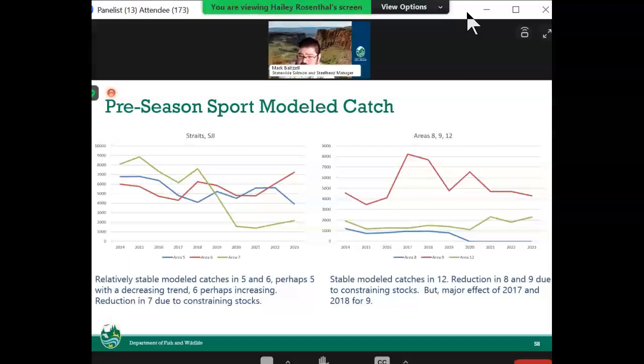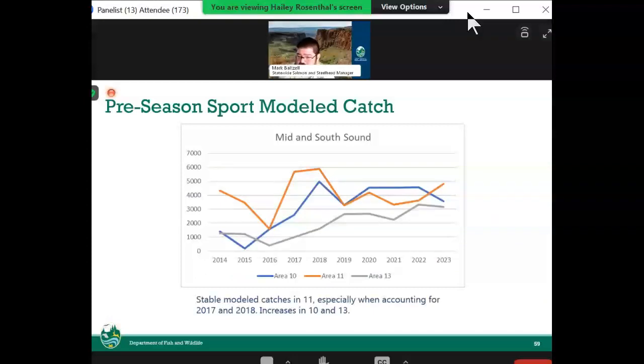Next slide. And finally, Mid and South Sound, with Area 10 in blue, Area 11 in orange, and Area 13 in gray. You can see those elevated catches in 10 and 11 in that 17-18 time period. But really, we've seen some increases in catch in both 10 and 13.